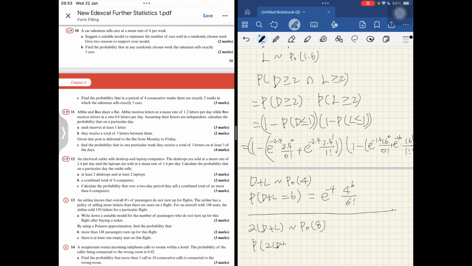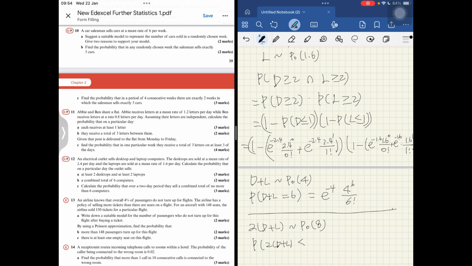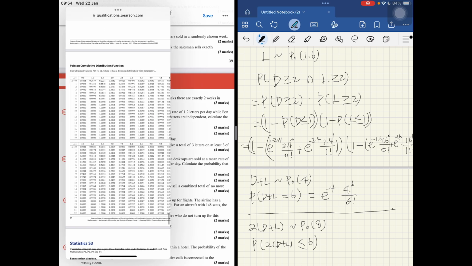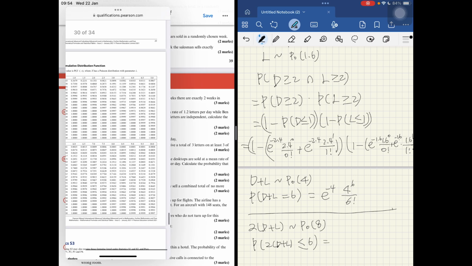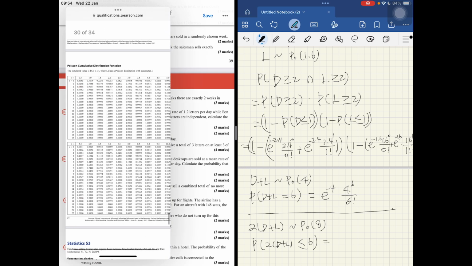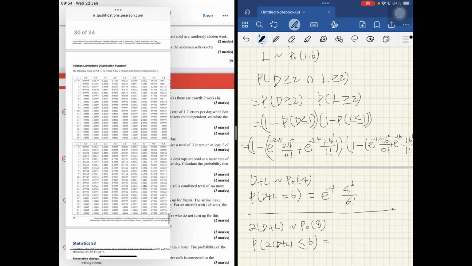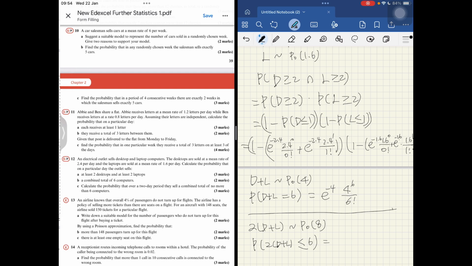So it follows Poisson 8, combined over 2 days, no more than 6, smaller than or equal to 6. So from the table, 0.3134.